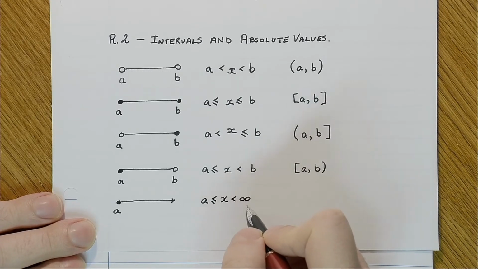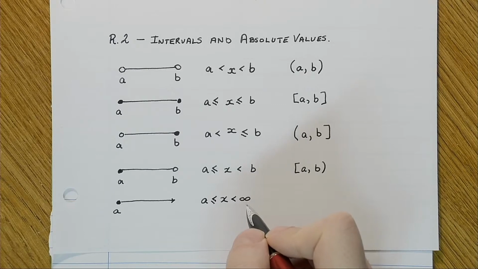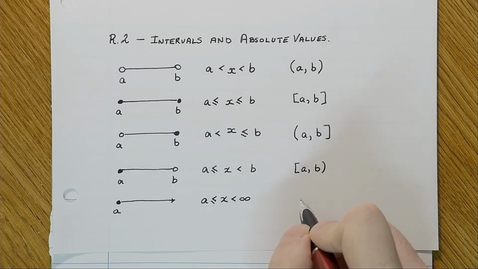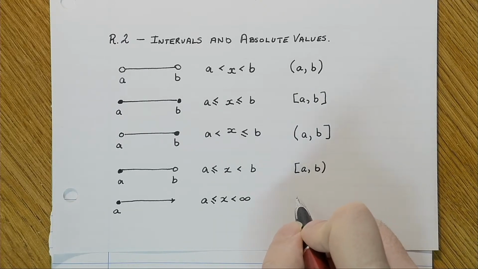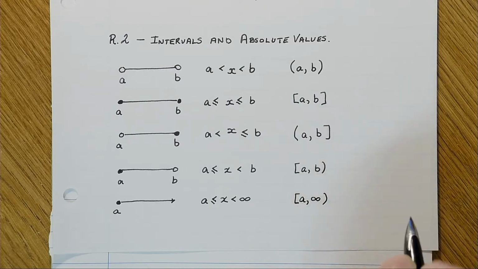And again, infinity is not a number, it's a concept, and we just use this as a symbol to represent that. We can never actually get to an infinite horizon. So when we do that, we have A, comma, infinity, close round bracket.